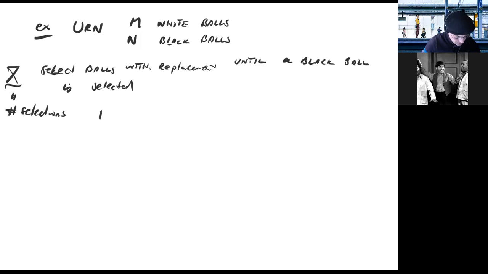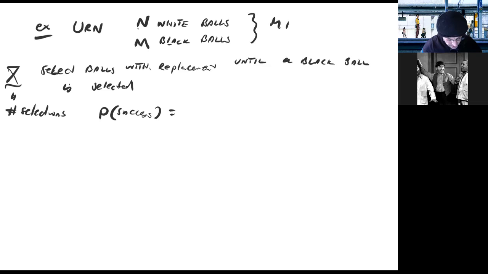And so what is the probability of success? Well, I actually, the book does this backwards. It lets N be the number of white balls and M be the number of black balls. So I'm going to follow the book in this case. So it's going to be M here and N here. How many balls are there in total?